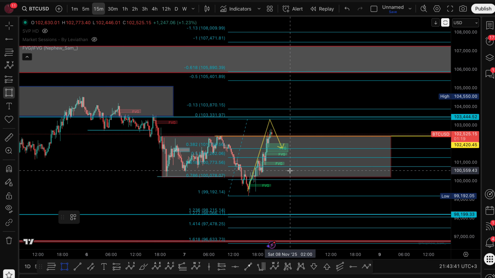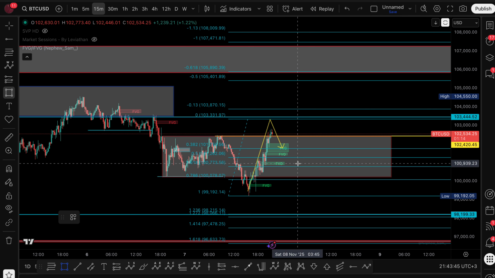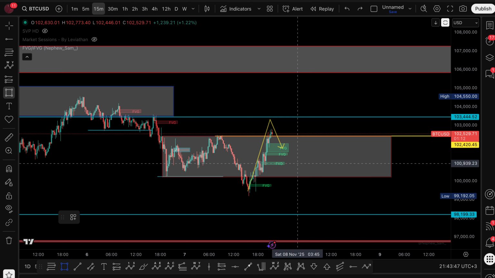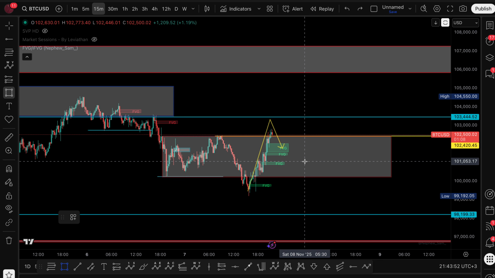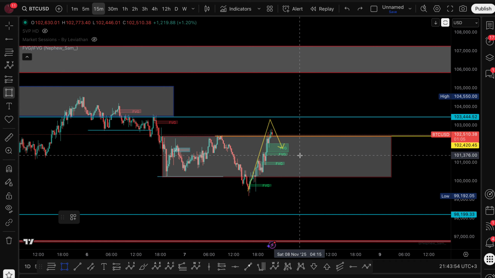You can enter here, or at 0.618. That doesn't always happen, but price tends to retrace to the 0.78 before it continues to the upside.